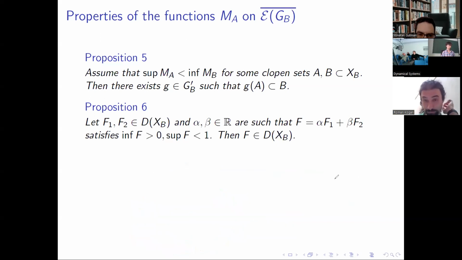Next, if we have f1 greater than f2, we can easily as well construct f1 minus f2.